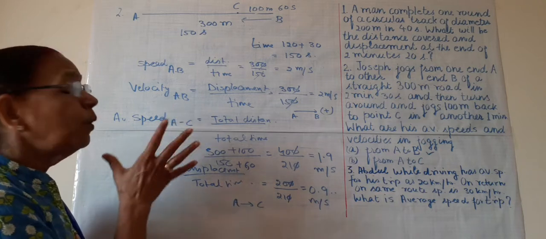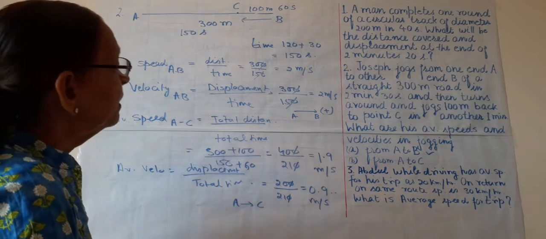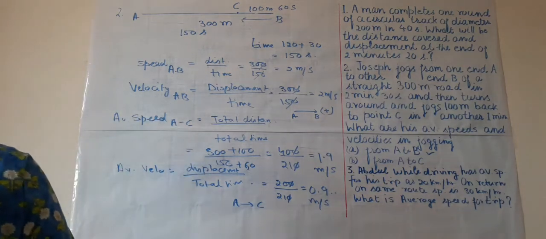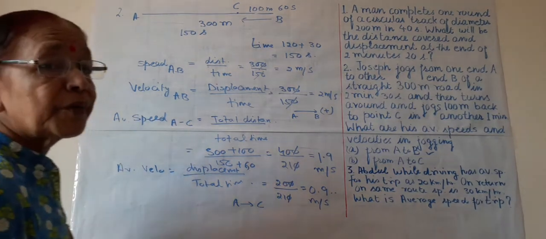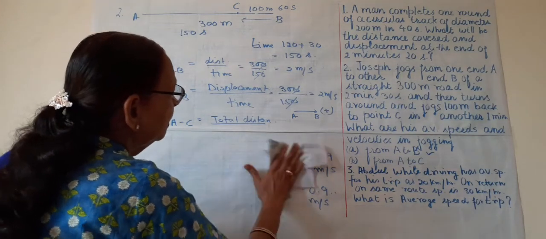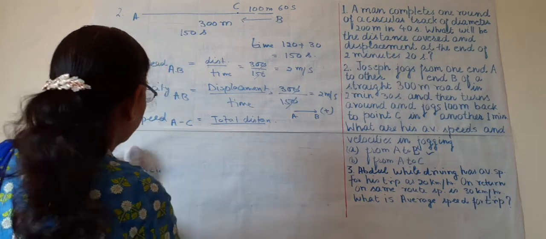So this is how we calculate speed and velocity. I think you must have followed this. You try it yourself and write in the comment box if you want.